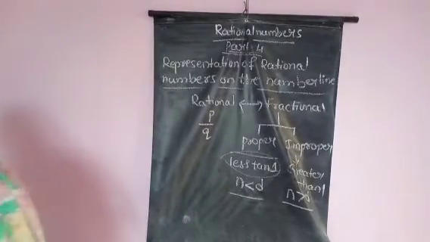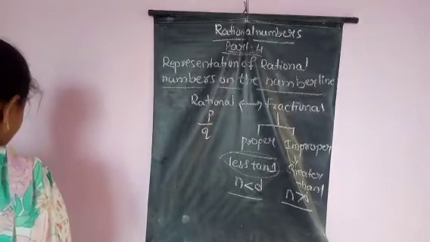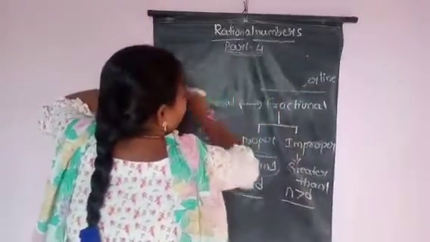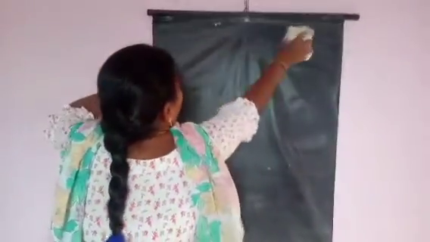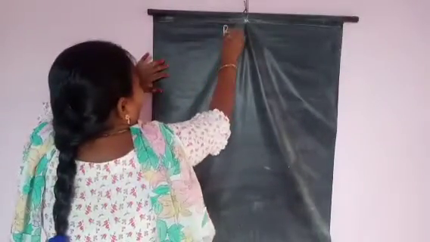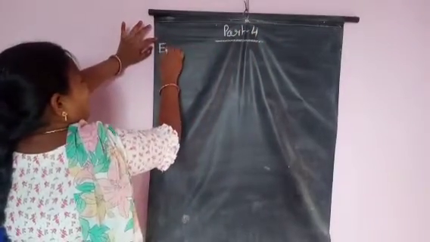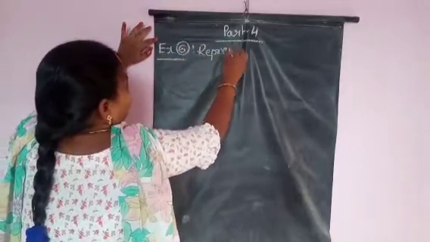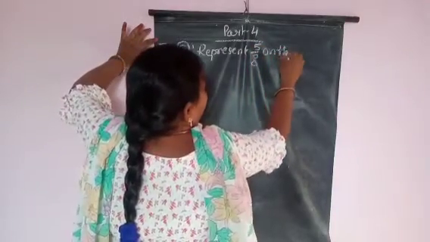In your textbook we have an example, example 6: represent 5 by 8 on the number line.